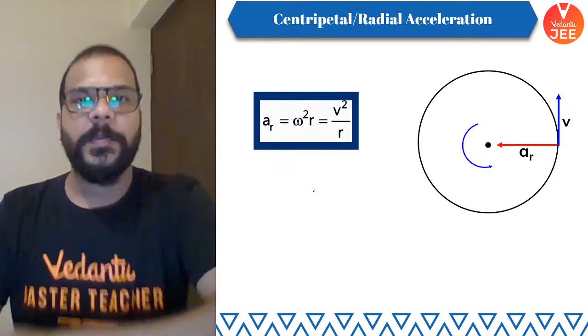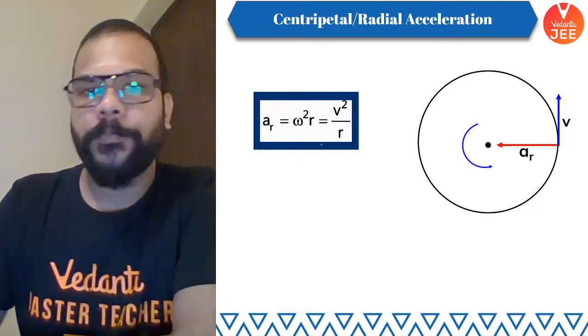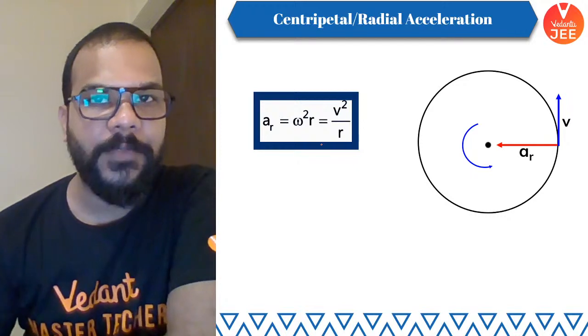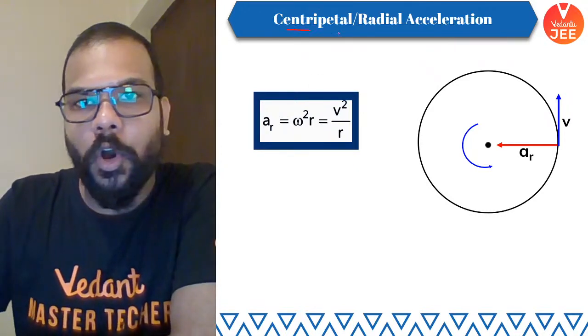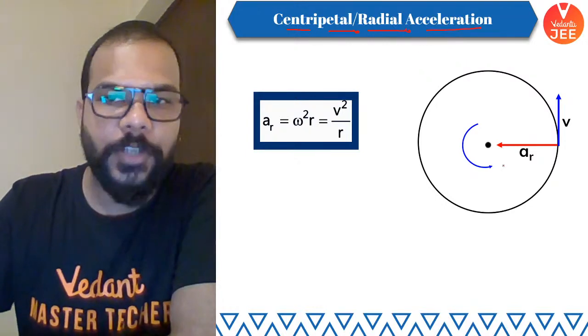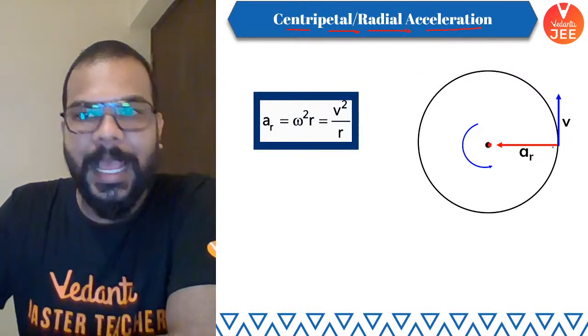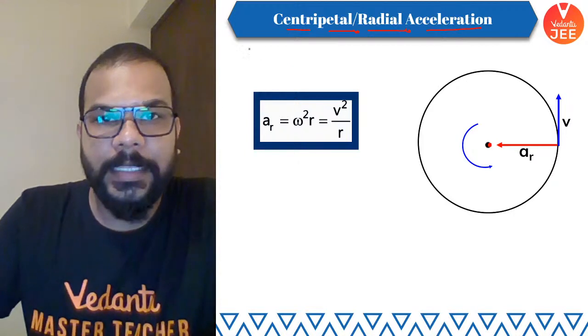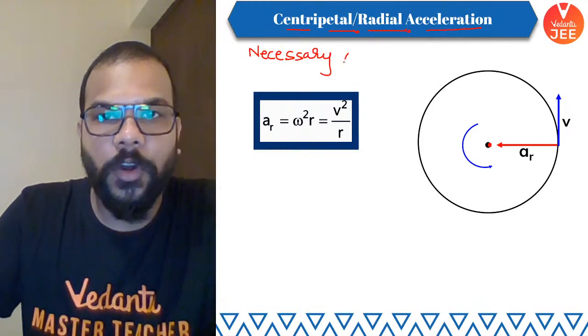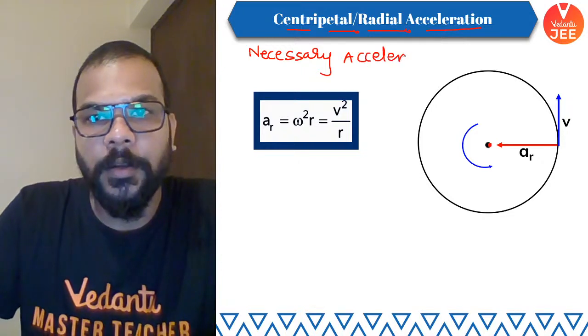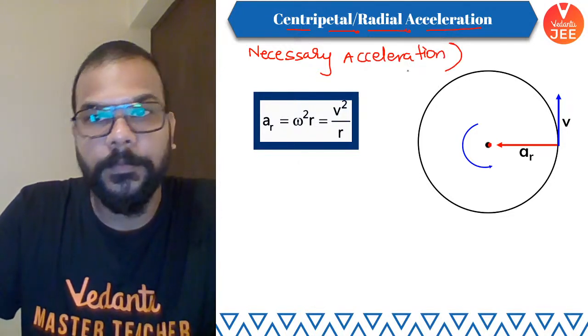Now, when we speak about accelerations, there are two types of accelerations that we are going to study here. The first one is called centripetal or radial acceleration. This is the necessary acceleration for circular motion.